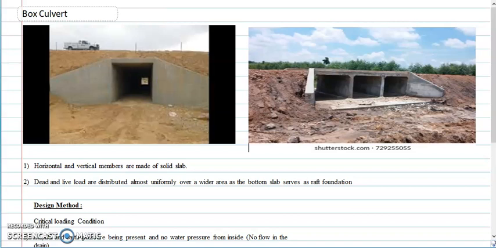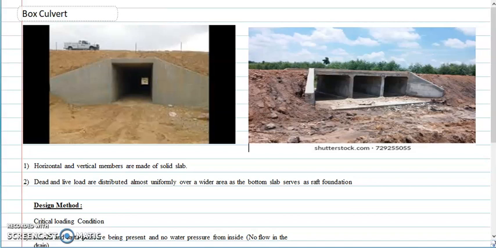The dead load and live load are distributed almost uniformly over a wider area as the bottom slab serves as the raft foundation. So it forms like a raft because it's a full solid slab. Now it is also suitable for non-perennial streams where the scour depth is not significant but the subgrade soil is very weak.